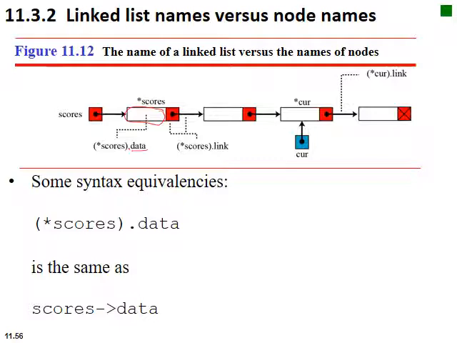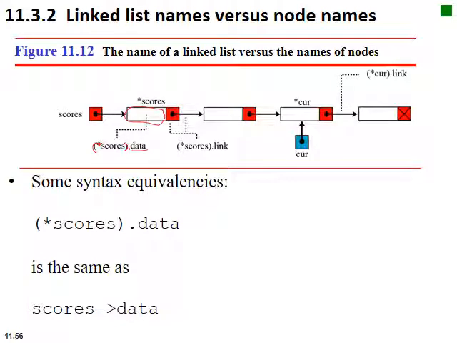In other words, this will refer to the data part, and again we have to put scores in brackets and a little star before scores. In programming languages like C, C++, Java, and so forth, when we put a little asterisk before something, it actually means pointer.